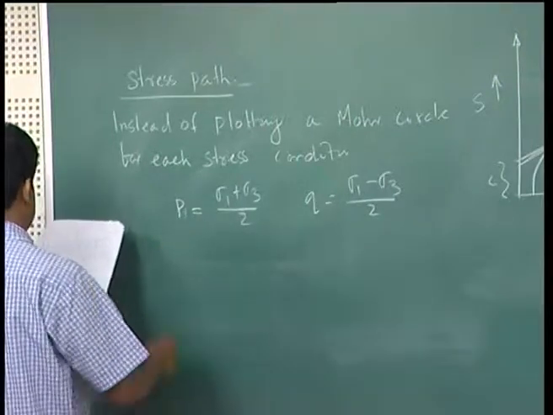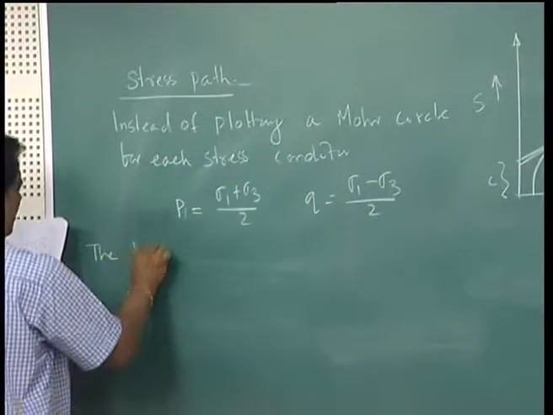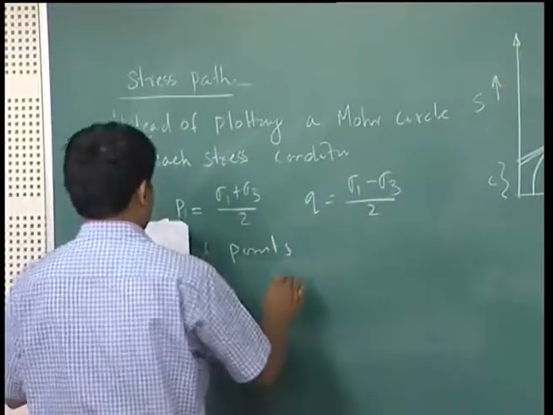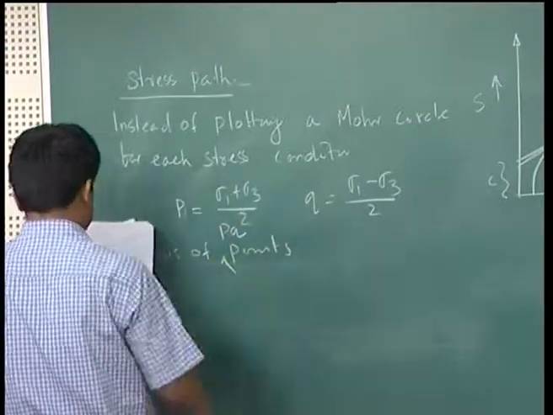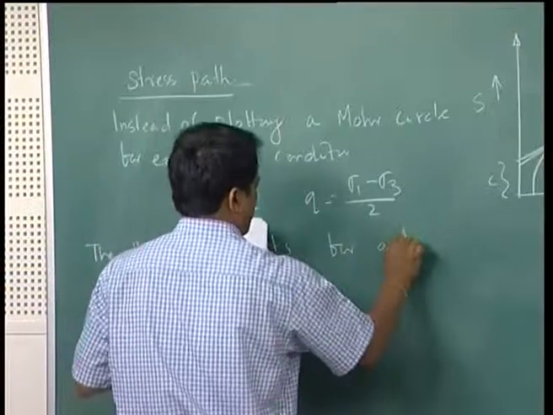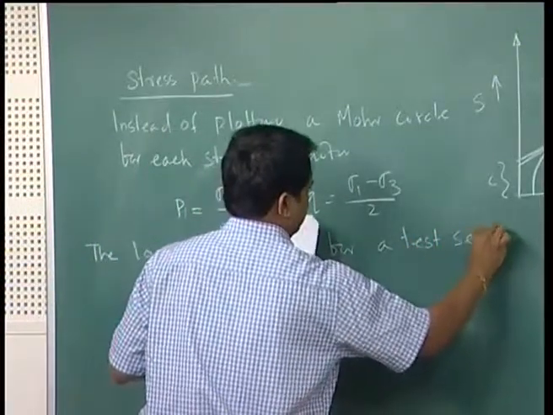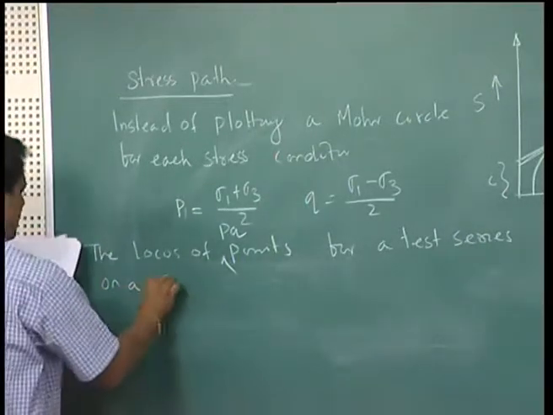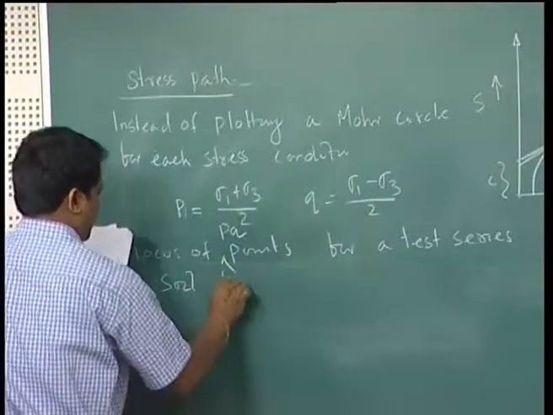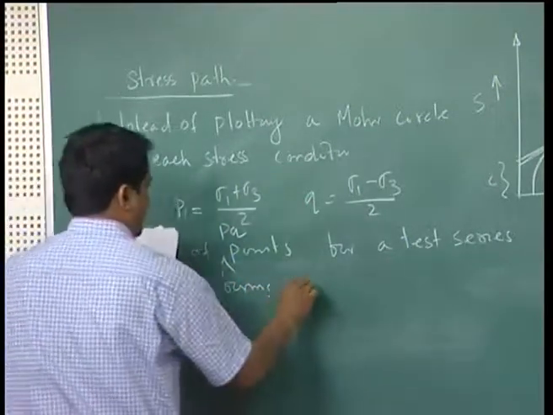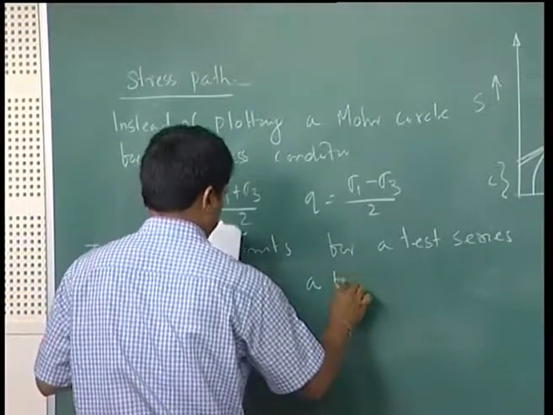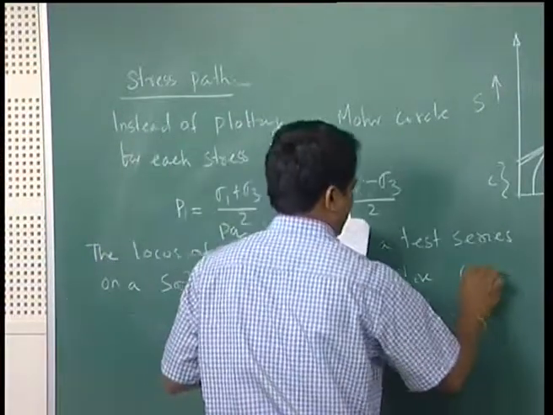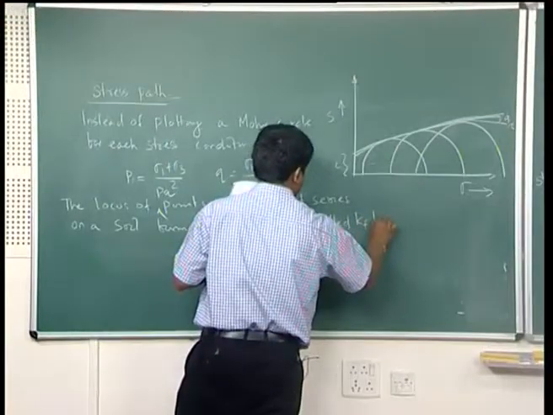The locus of these P Q points for a test series on a soil forms a failure line called the KF line.